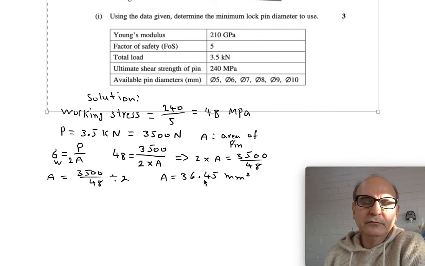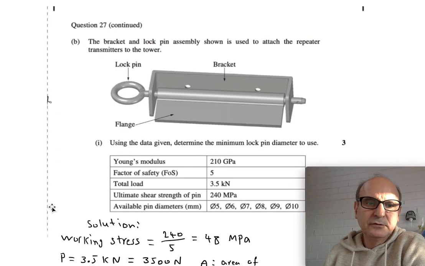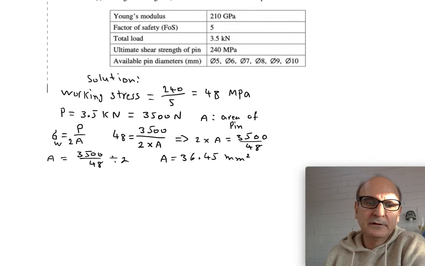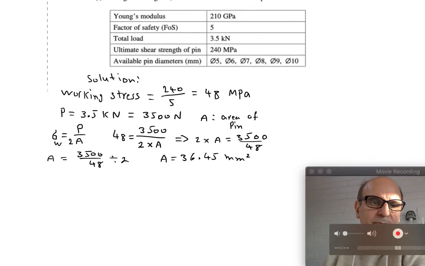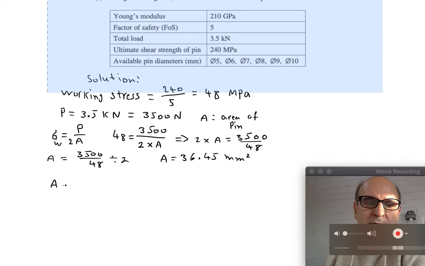Okay, now we find the area of the pin, cross section of the pin. We need to find the diameter, and because it's a circle, your diameter and your area are related by the formula pi times d squared on 4.